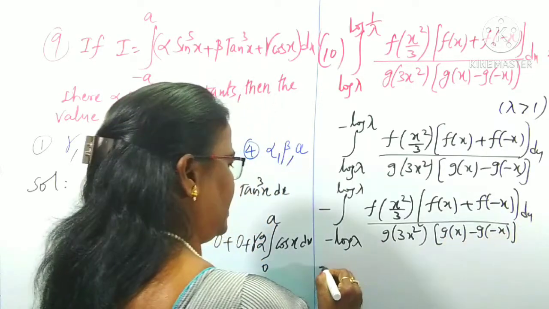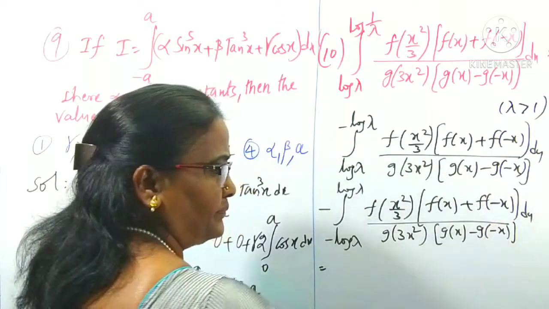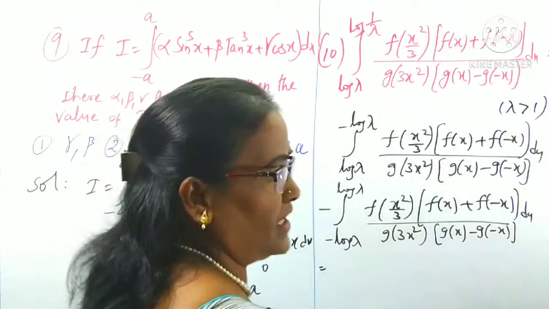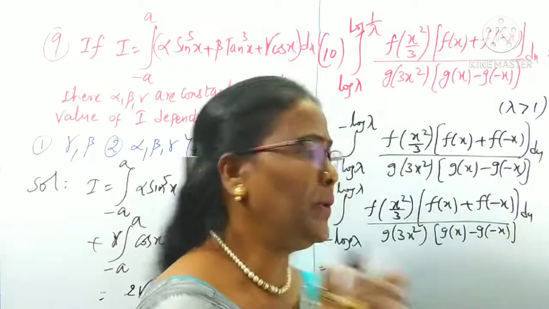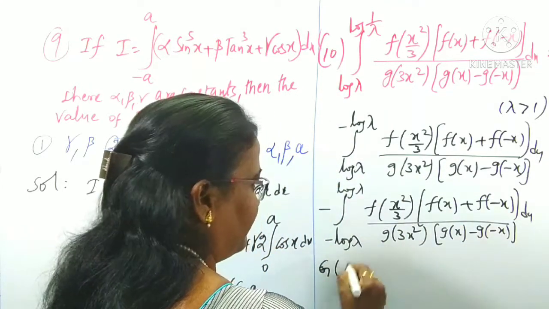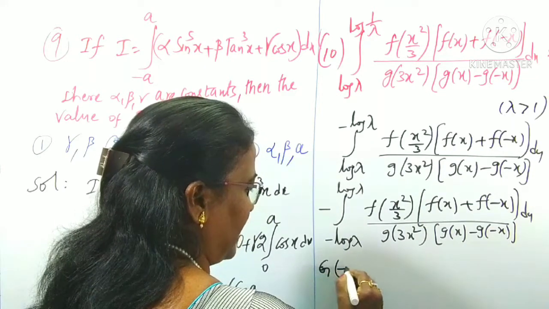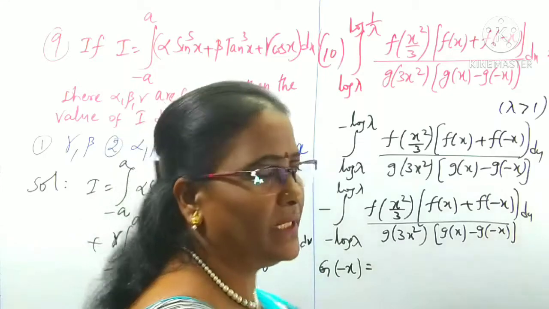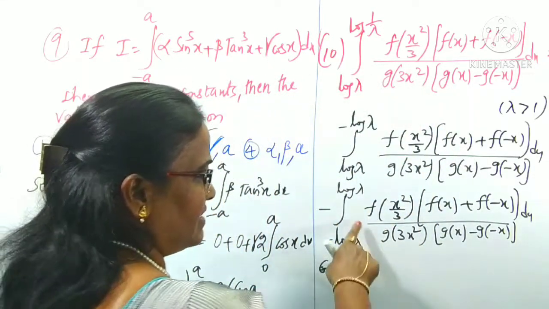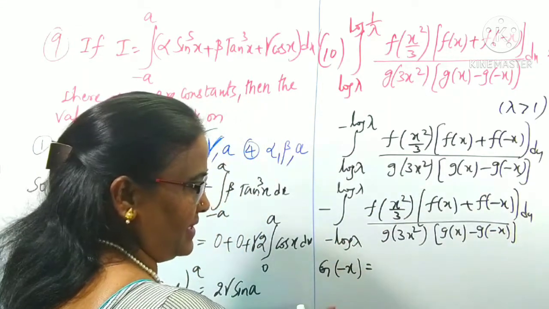Now we can come across this, you can think some terms of this is something. In this fraction there are the f and g functions. We can think this is some capital F of x. If you take capital F of minus x, what do you have to check now? You have to check even function or odd function. We can check it: wherever x is there, take minus x. For our convenience, I am taking this total function as capital F of x.